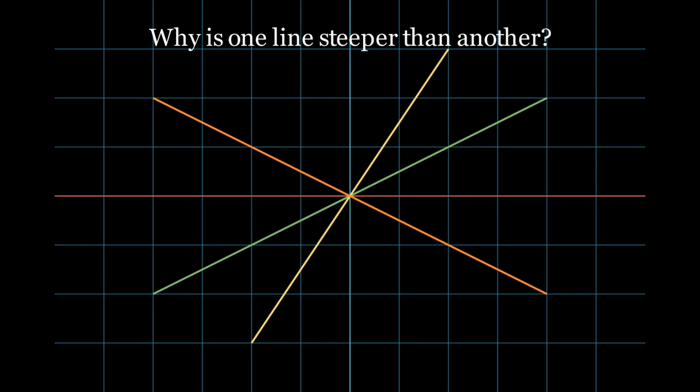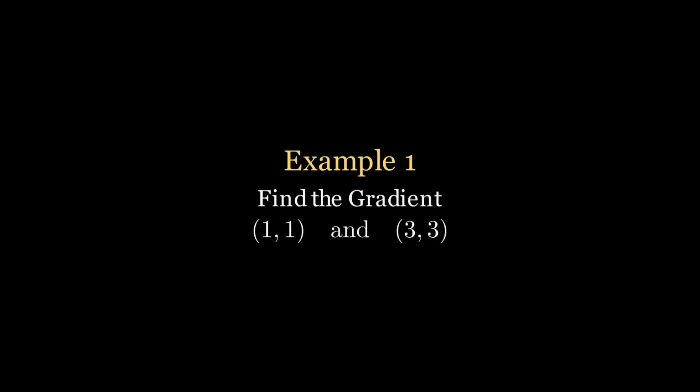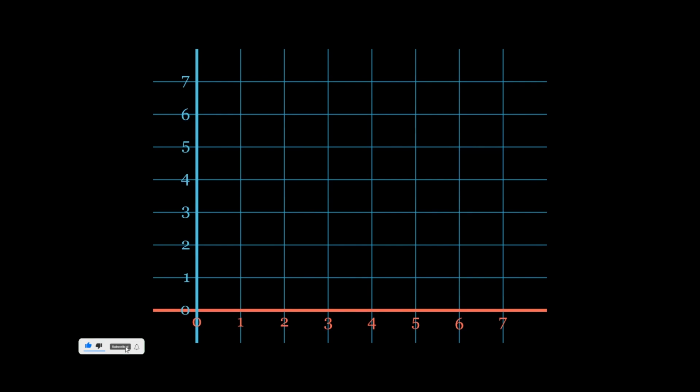Now, let's consider when a gradient is positive. Let's consider the line joining the points 1, 1 and 3, 3.